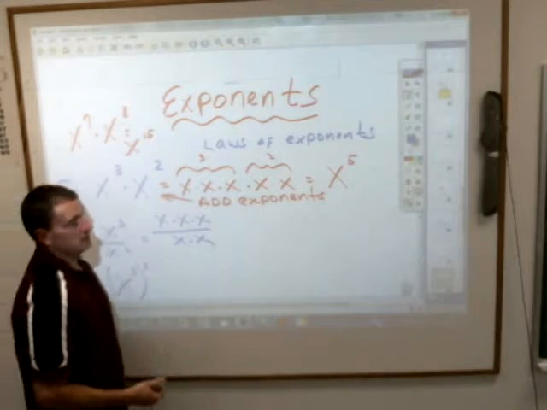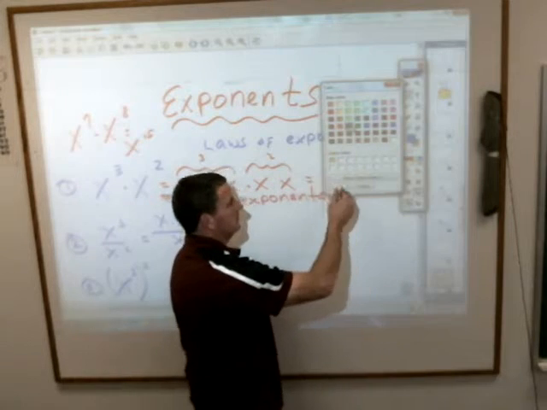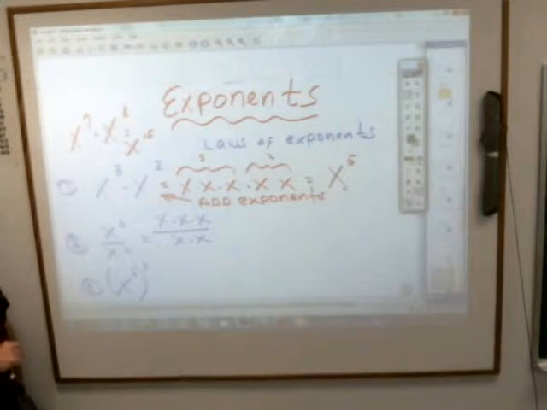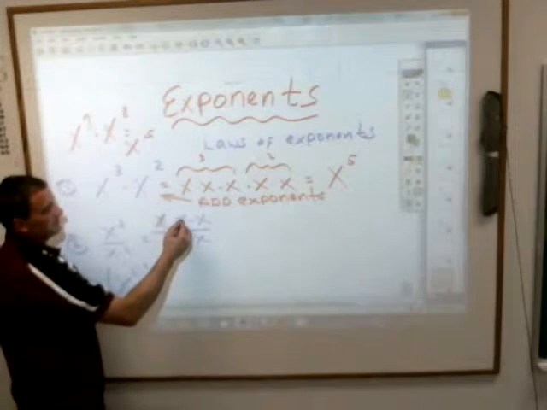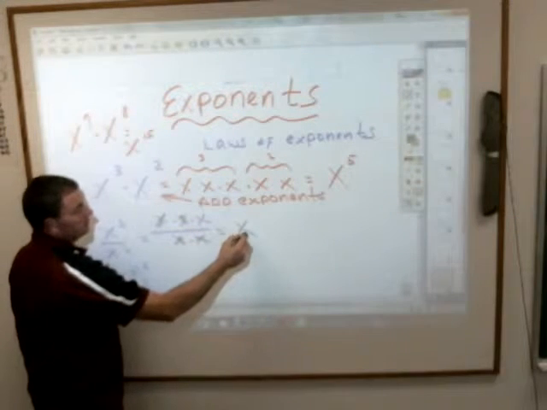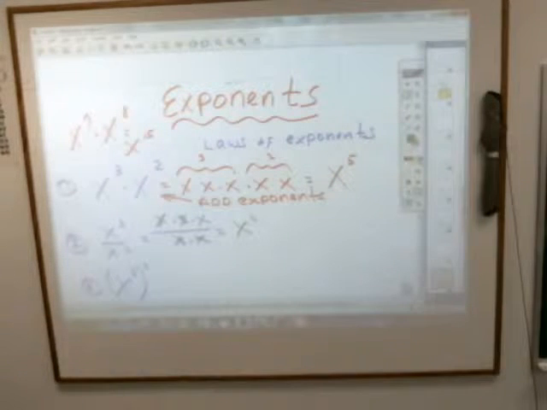Knowing that you can cross-cancel like things on bottom with like things on top. Gabe? Just an x, because this x crosses off with one x on the bottom, this x will cross off with that other x, and you're left with one solitary lonely x. And we don't usually put the one exponent there, but I'm going to put it there for posterity's sake.